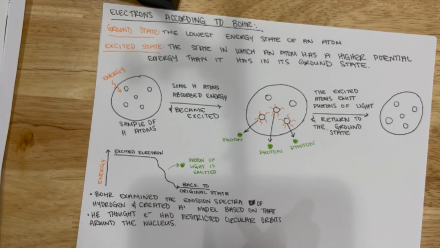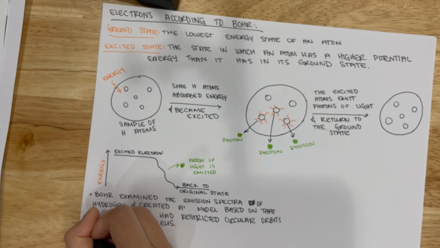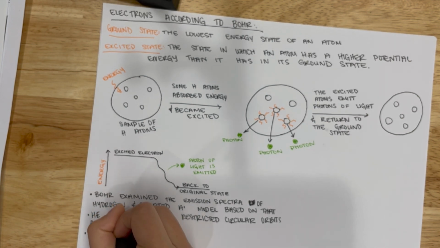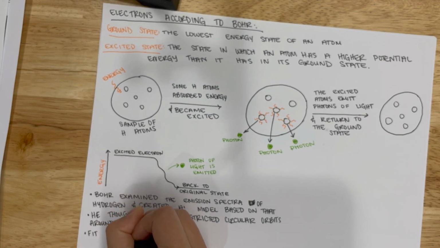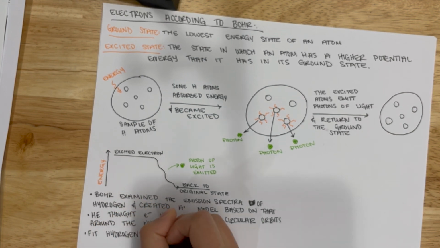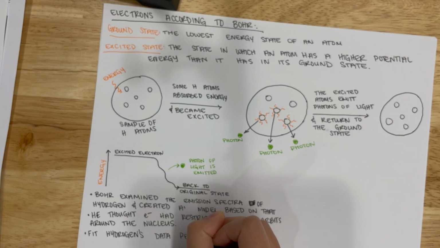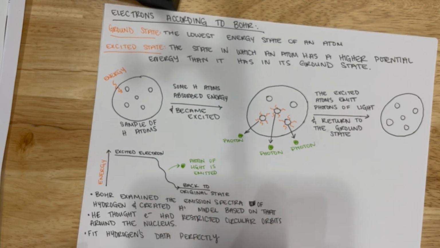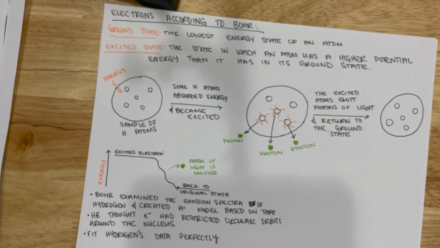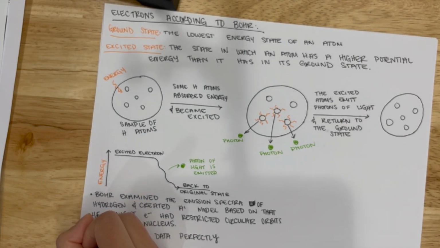Now the good news is, and the reason that this worked, is because this fit hydrogen perfectly in terms of the data, right? This fit hydrogen's data perfectly. But it didn't fit for other elements.